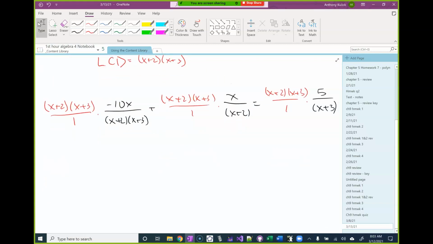Everybody cool with what I did there? So basically I just took that least common denominator and I'm multiplying it to everything in my equation, right? To each fraction.